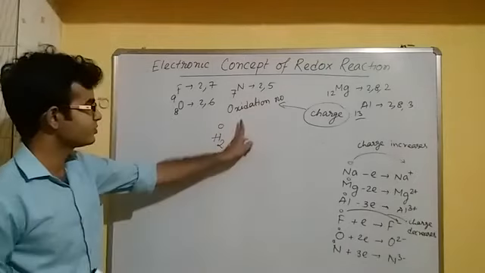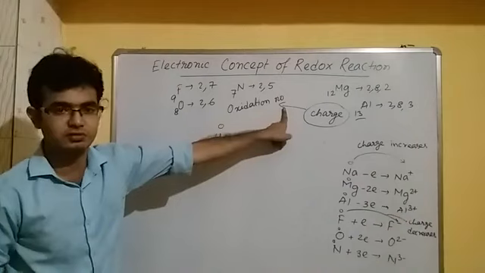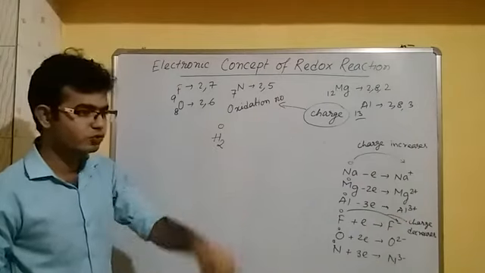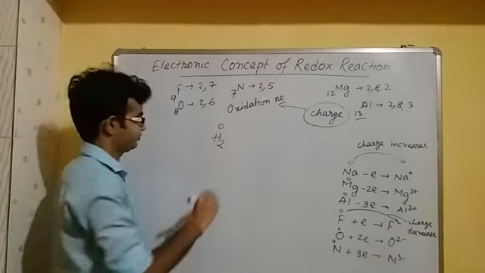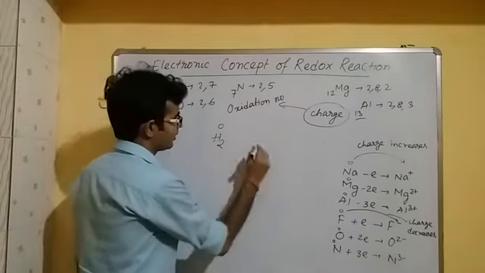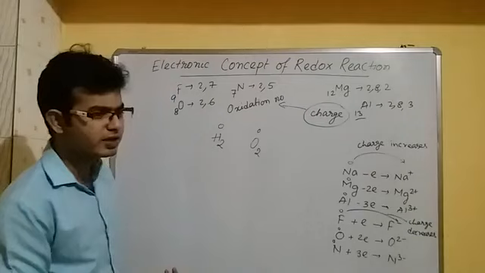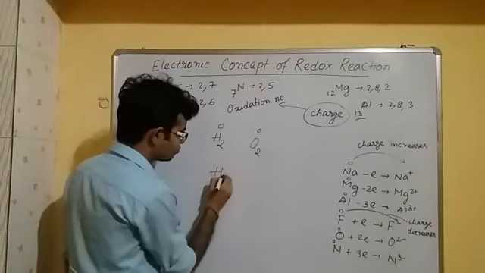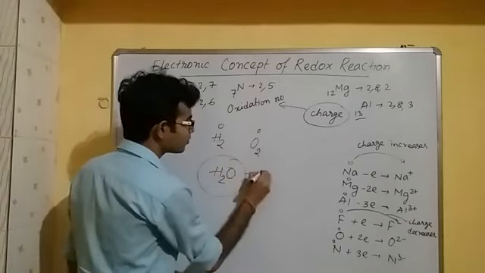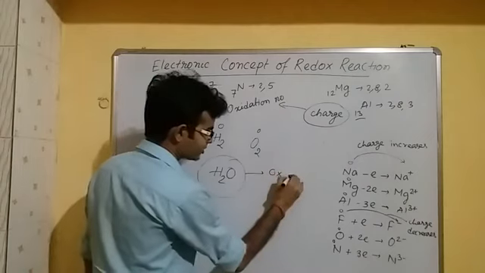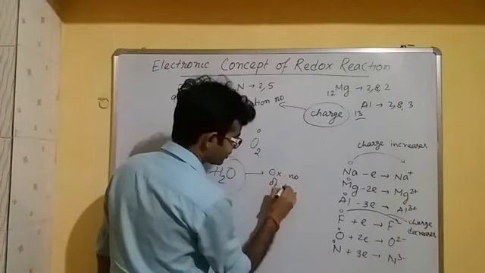We will not say charge, we will use the word oxidation number. So the oxidation number of H2 is 0. O2, oxidation number is 0. H2O, the oxidation number of water is 0.